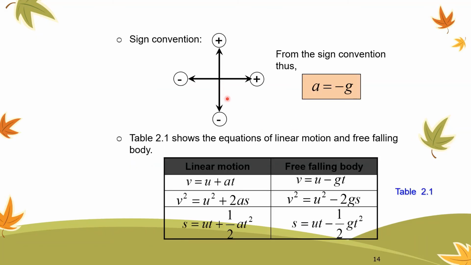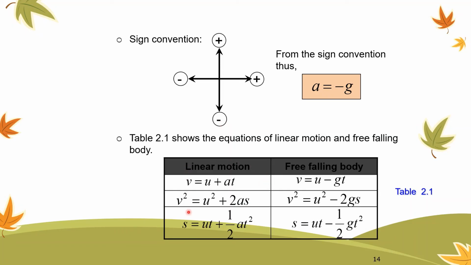So, as the conclusion, to solve linear motion and free-falling motion, we need to consider the sign convention. For the x-axis, we have positive to the right, negative to the left. And for the y-axis, free-fall motion, we have positive upwards and negative downward.